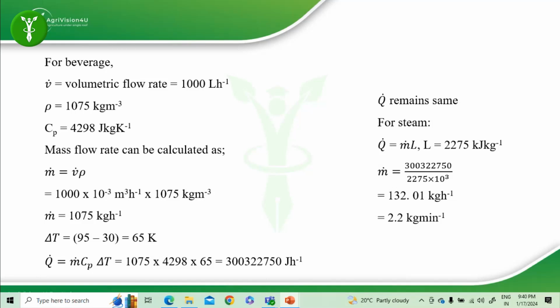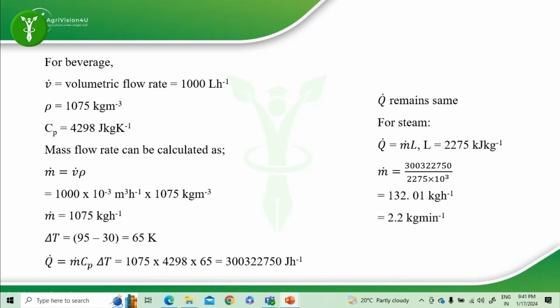Volumetric flow rate is given. The beverage is being heated from 30 degrees Celsius to 95 degrees Celsius for pasteurization at a flow rate of 1000 liter per hour. Okay, we can convert it to meter cube per hour, so 1000 into 10 raised to minus 3 meter cube per hour.